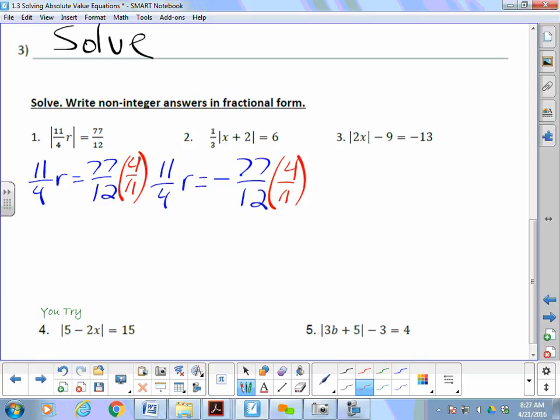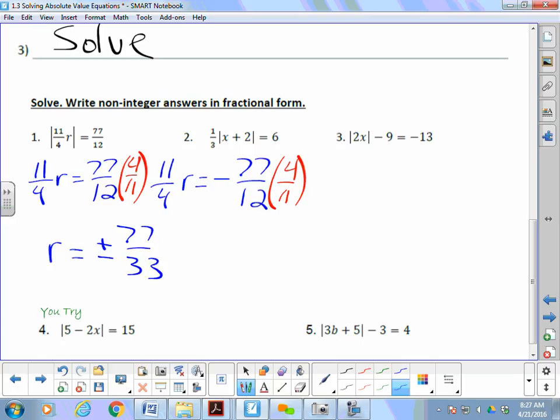Instead of dividing by 11 over 4, we multiply by the reciprocal. So R equals, let's see, 77 over 33, right? Okay. Plus or minus 77 over 33.